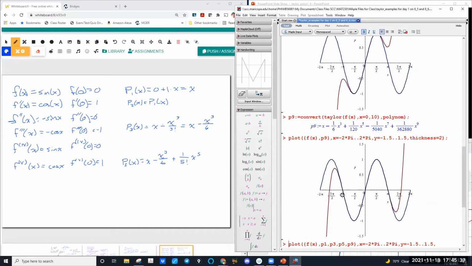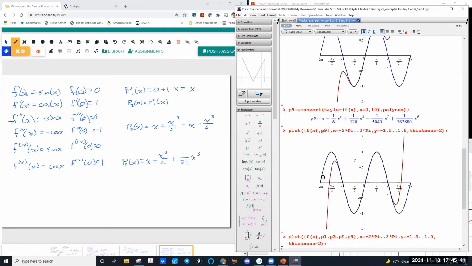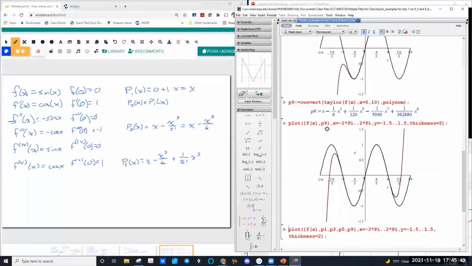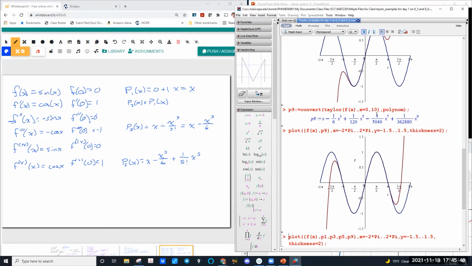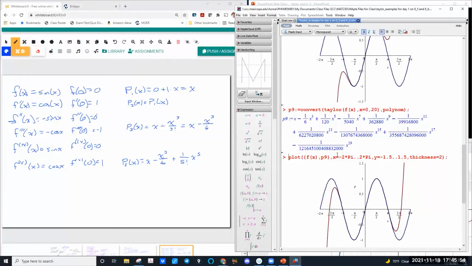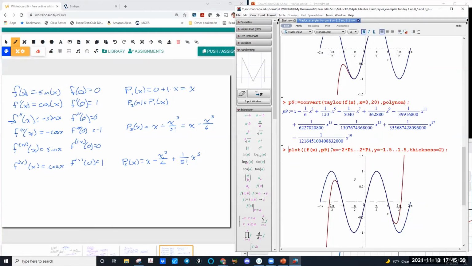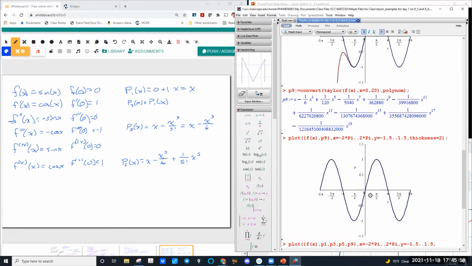Now we've got a match for an entire period of sine. If we want to get really extreme, let's make this 20, which makes this a 19th degree Taylor polynomial. From negative 2 pi to 2 pi, we get the exact same graph.